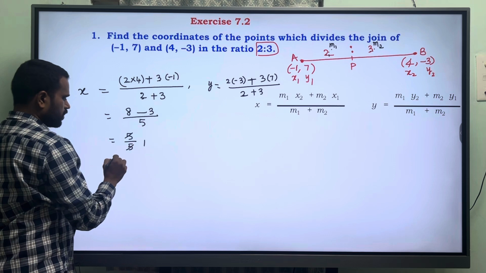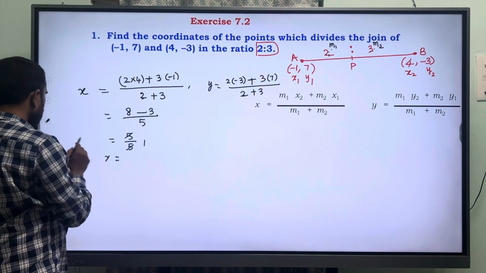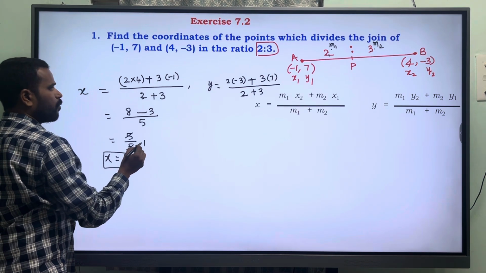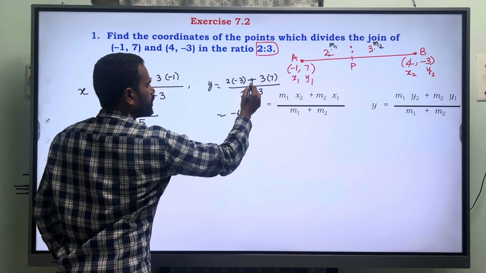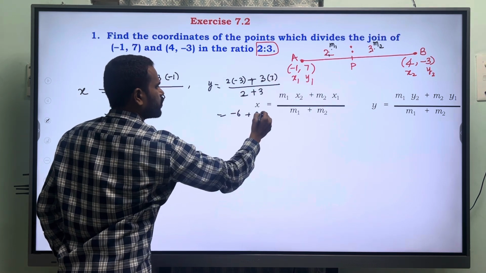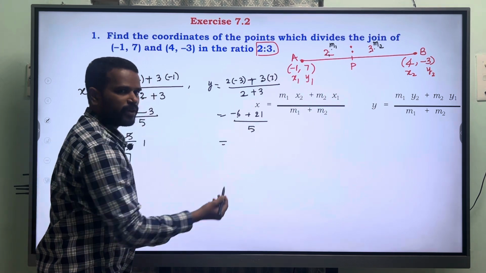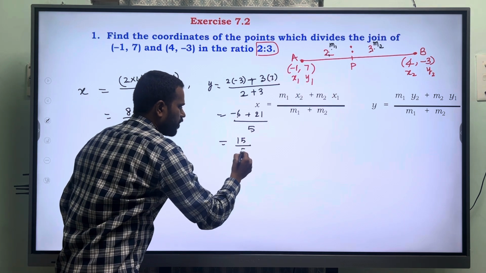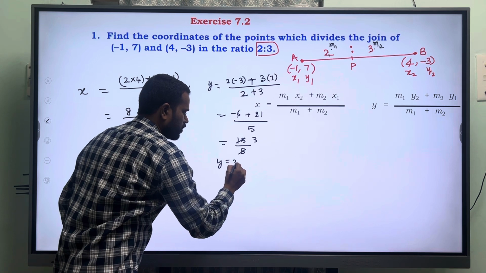This becomes 1. So the x coordinate is 1. Now similarly, 2 into minus 3 is minus 6, plus 3 sevens are 21, by 2 plus 3, which is 5. So here minus 6 plus 21 is 15 upon 5, which is 3.